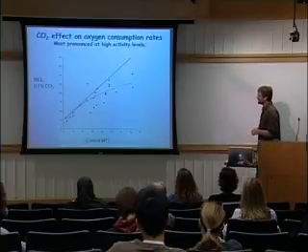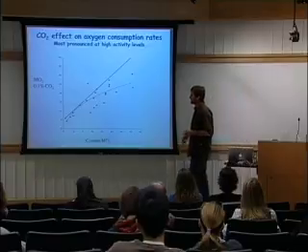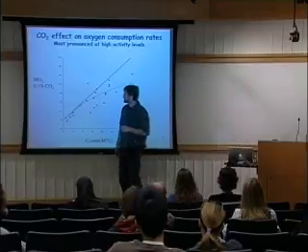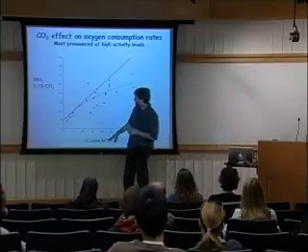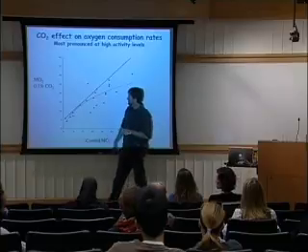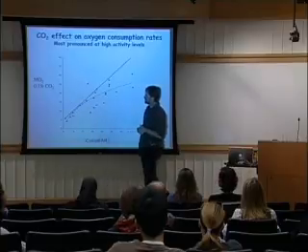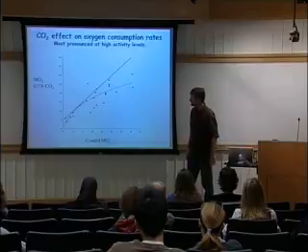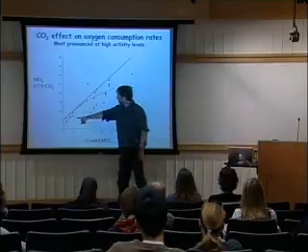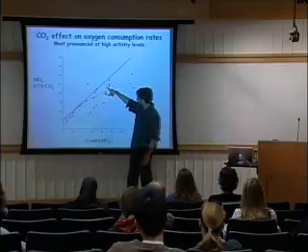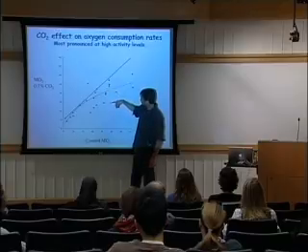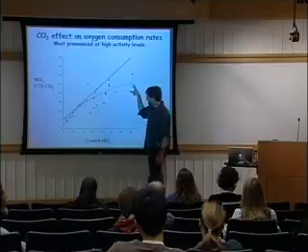So we did this for many different individuals, and if you correlate the oxygen consumption rate under normoxic conditions, normal CO2 conditions, with the metabolic rate under 0.1% CO2 or 1,000 parts per million, you find that there's a one-to-one relationship until you get up to some high metabolic rate, and then it starts to plateau.